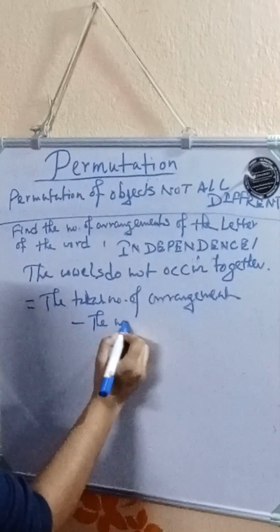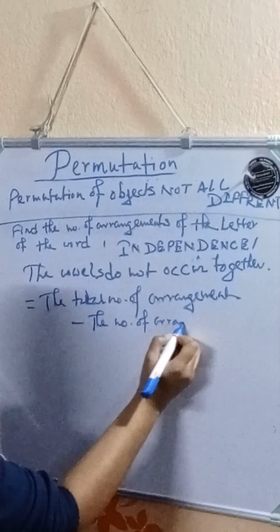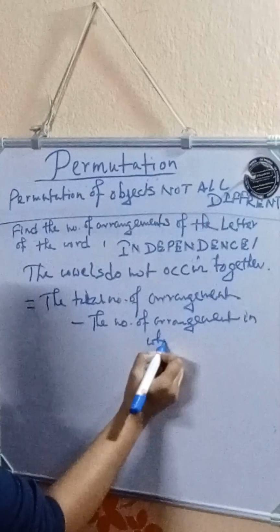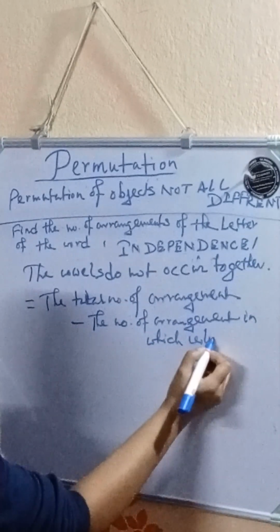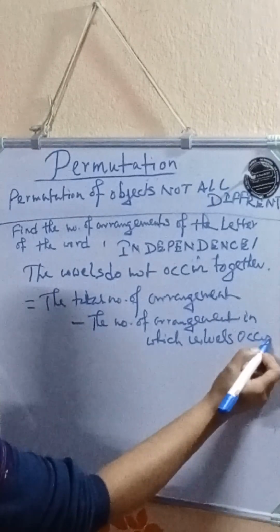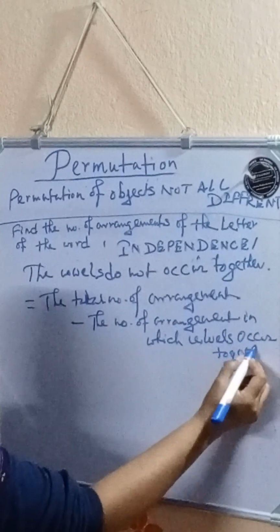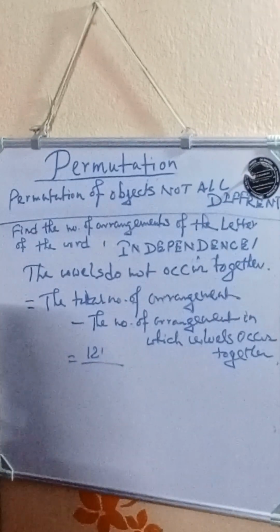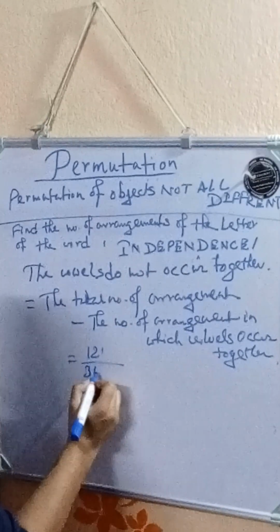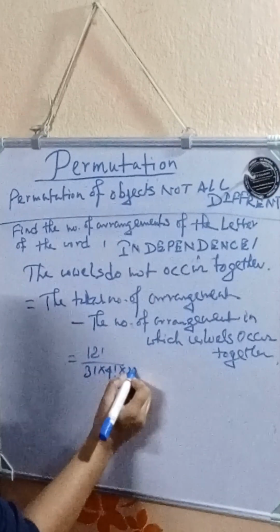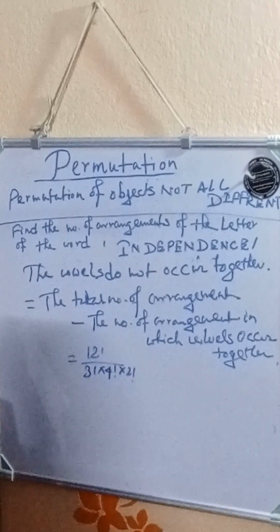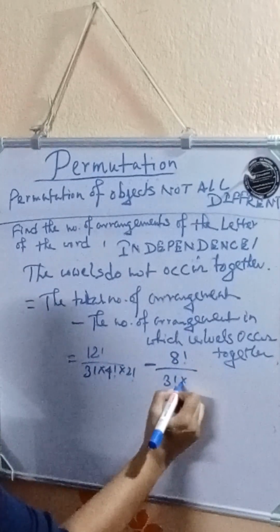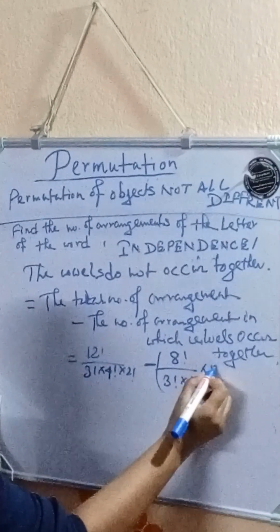The total number of arrangements is factorial 12 divided by factorial 3 into factorial 4 into factorial 2, and the number in which vowels occur together is factorial 8 divided by factorial 3 into factorial 2 into 5.